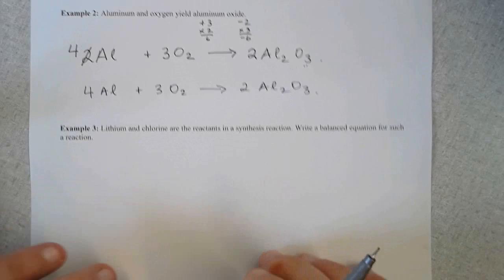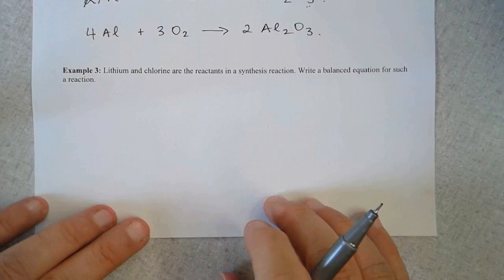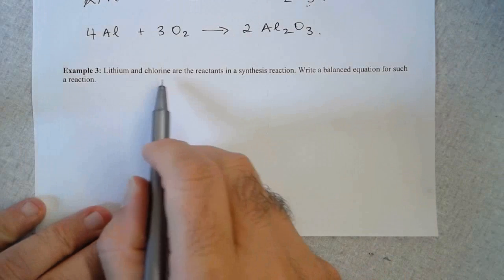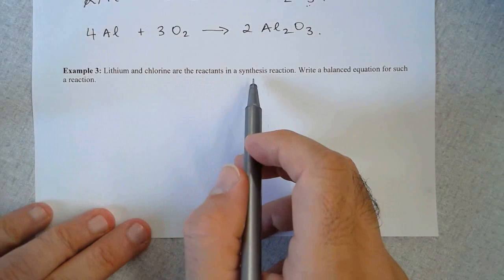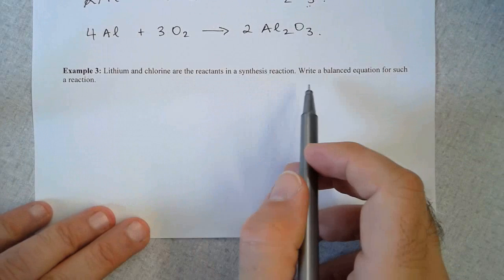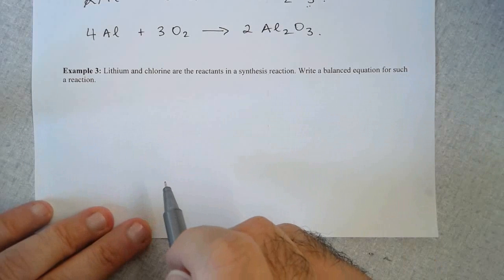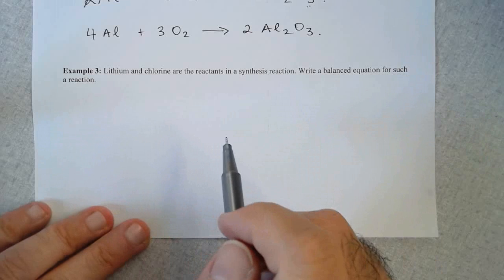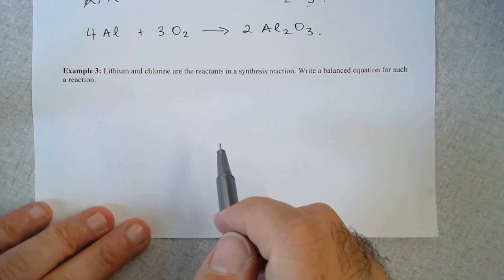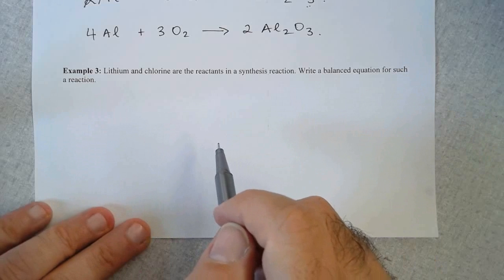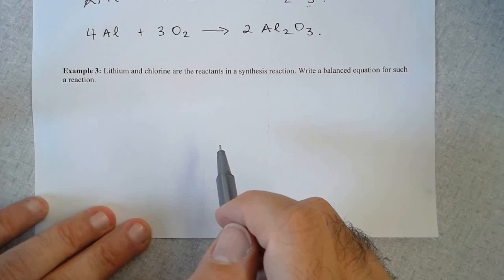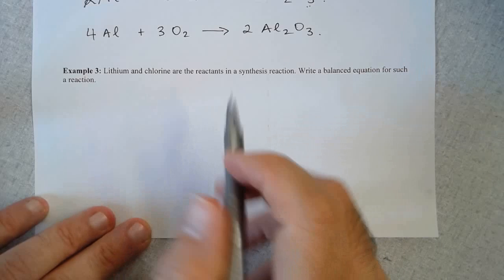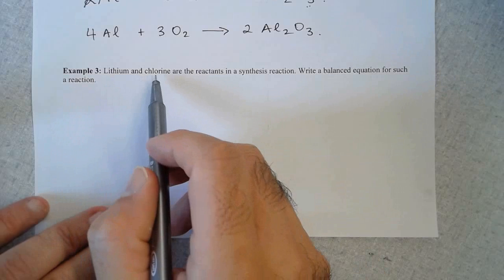We'll do this one together here, and we'll see that it's a little different. It tells us that lithium and chlorine are the reactants in a synthesis reaction. Write a balanced equation for such a reaction. Notice here they don't give us the product, so we're going to have to figure out what the product should be. Notice here we have lithium and chlorine.